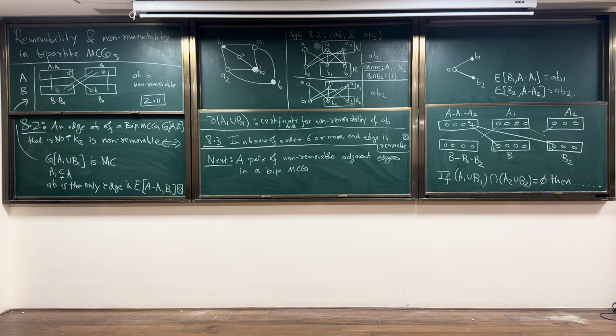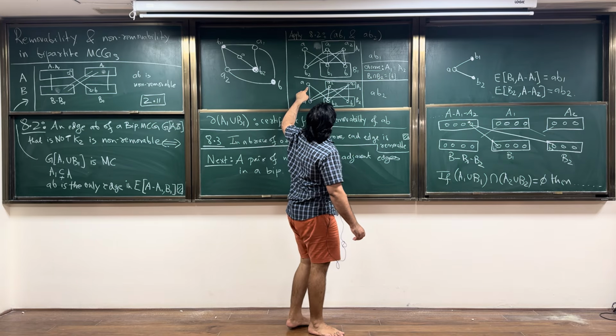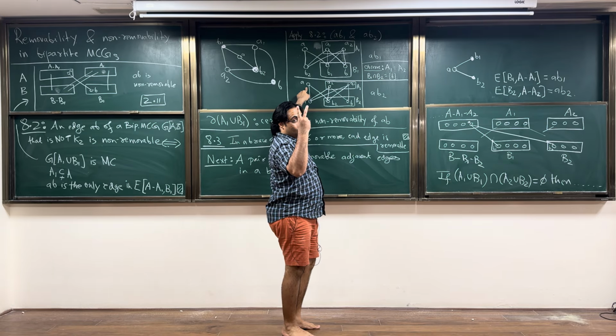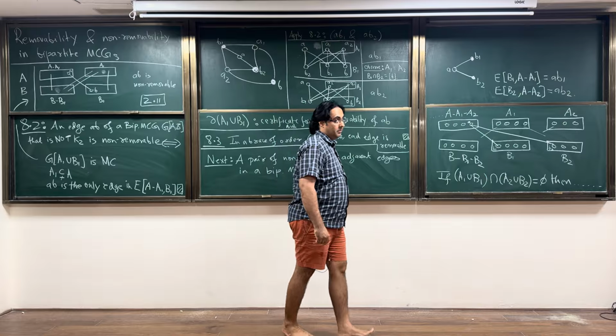If the degree of A is 3 or more, then these certificates of non-removability, I am referring to the sets A1 union B1 or A2 union B2, are actually going to be disjoint. What you are seeing here in this example is happening because the degree of little a is 2. Otherwise it wouldn't happen. That's what we'll prove now.